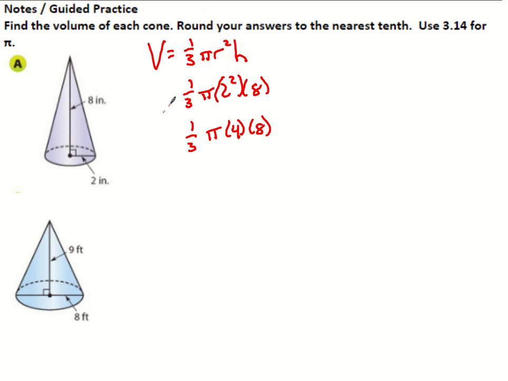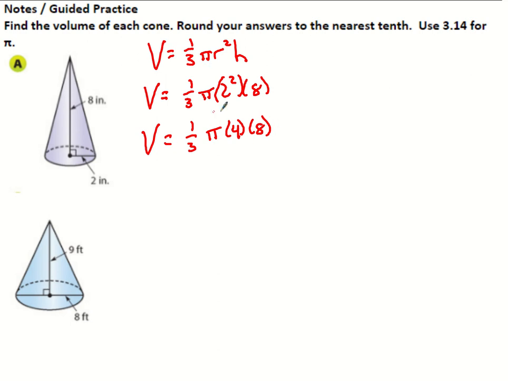Now this is where we really get to do any of these things in any order we want. We like to say pi for last, but let's say one of these two numbers was easy to divide by 3. I can divide by 3 at any time, because technically I can multiply in any order, and multiplying by 1/3 is the same thing as dividing by 3.